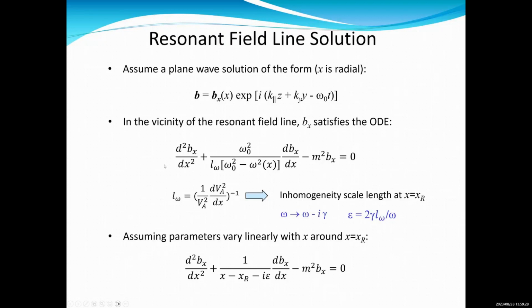If you solve for the wave, this component Bx, you get an equation like this, and this m number is related to ky, which is the wave number in the azimuthal direction. Because there's a variation in the background parameters with x, there's this parameter here that's related to the gradient in the Alfvén speed, which is a characteristic inhomogeneity scale length on the resonant field line.